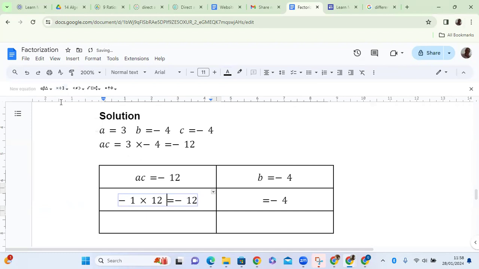Negative 1 times 12 will give us negative 12. And negative 1 plus 12 will not give us negative 4. Negative 1 plus 12 is not equal to negative 4. So we have to move on.